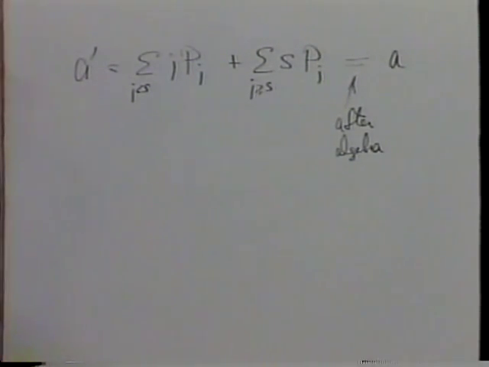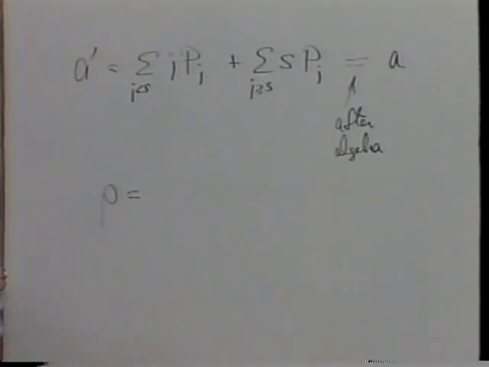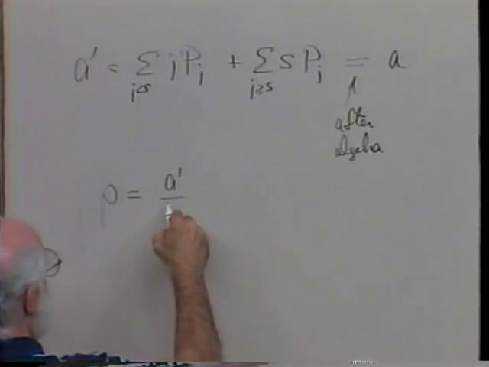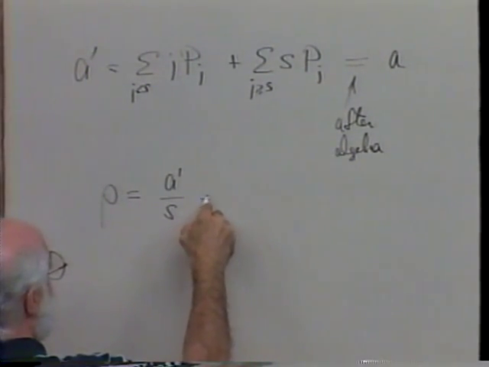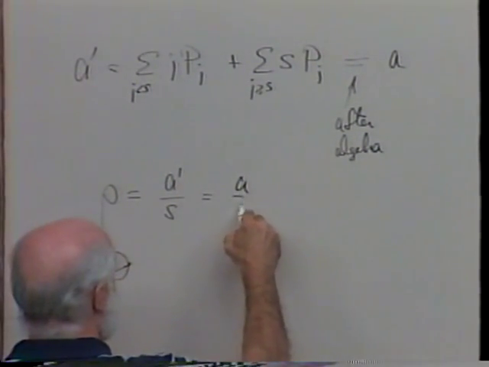So that means if I tell you that I have a system with 10 servers and I offer 8.2 Erlangs, then the average number of busy servers is 8.2, and I carry 8.2 Erlangs, which means that the utilization of my servers, rho, which by definition is the carried load divided by the number of servers, is the same as the offered load divided by the number of servers.